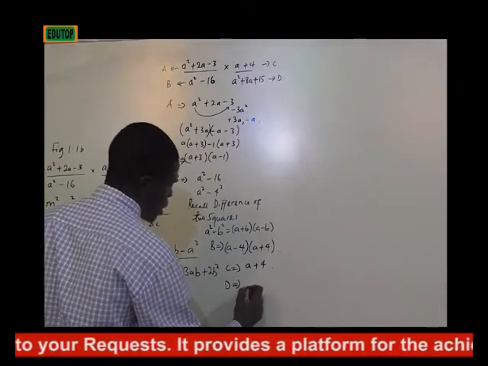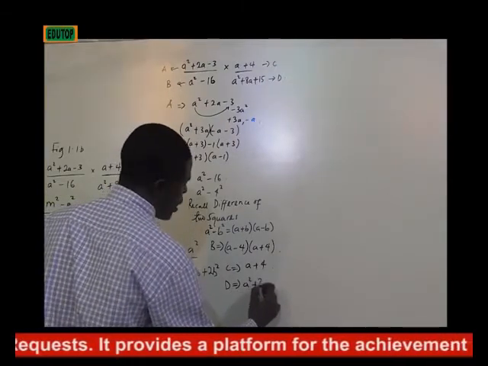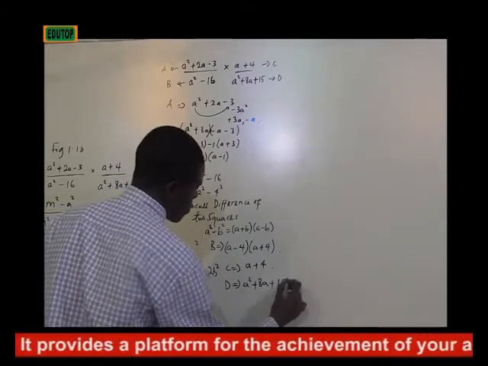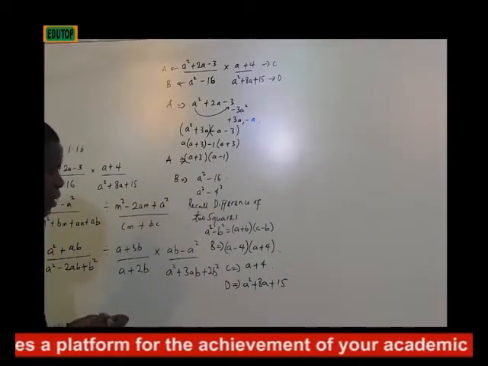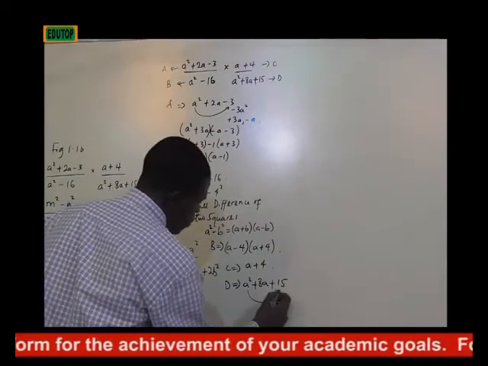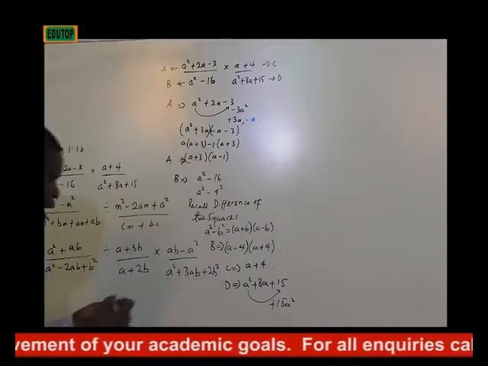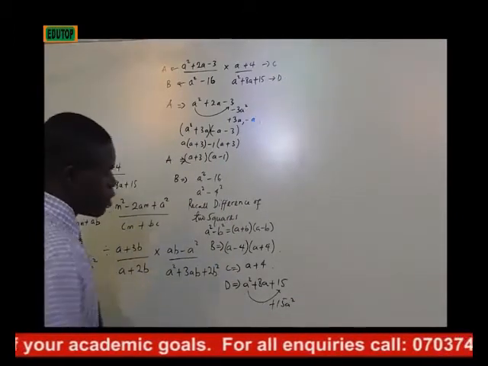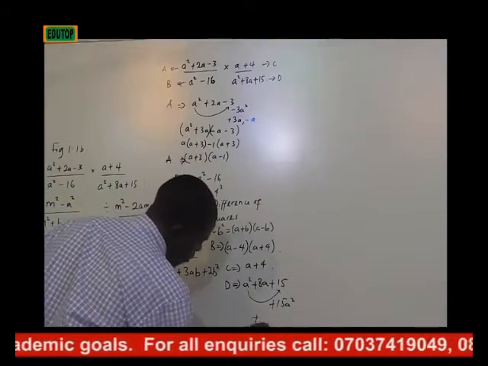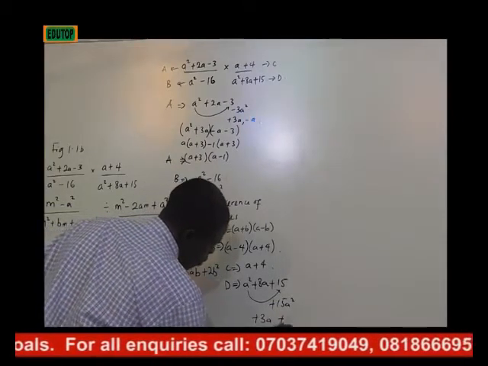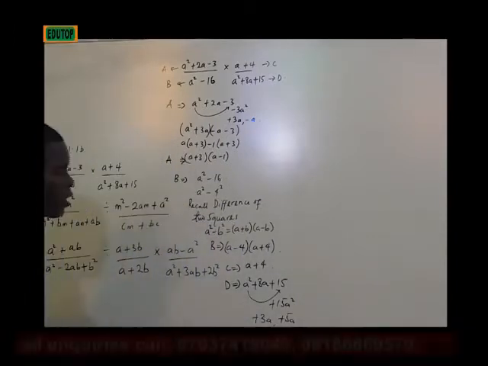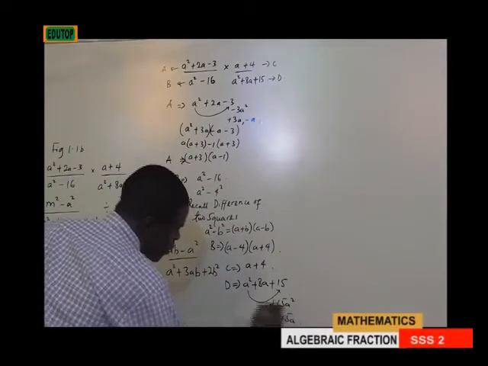Then the D. The D is a squared plus 8a plus 15. Can we factorize this? Let's check it. We have plus 15a squared. What are the factors of 15 that will give us the one in the middle? There is no other one than plus 3a plus 5a. So then I can substitute this into this.